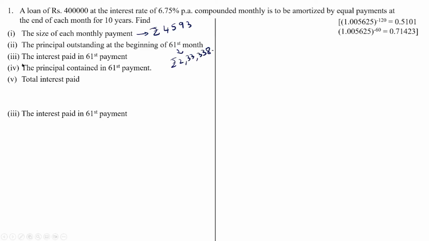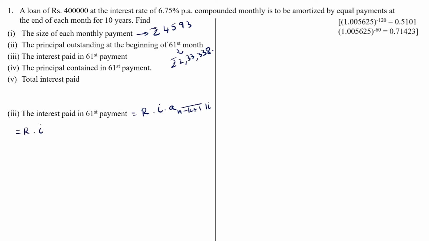The third subdivision is the interest paid in 61st payment. The formula is R into I into A angle n minus k plus 1 for I rate per period.